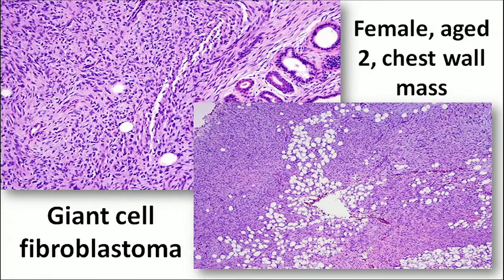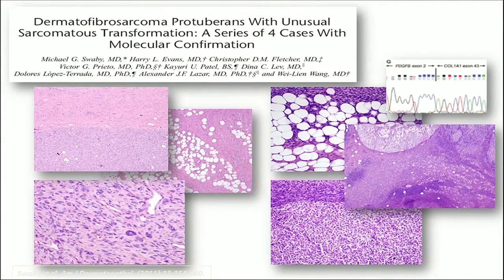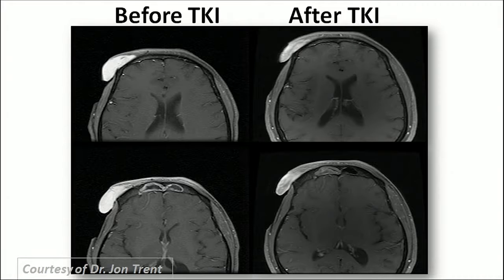This can sometimes be a challenge to recognize. And then you can have, in rare cases, a relatively sarcomatous transformation of the cases that are a challenge to recognize as well. These are usually in recurrent tumors where the patient may have had the case as a child, and then they recur later in adulthood.